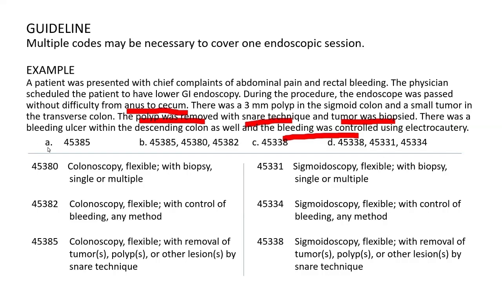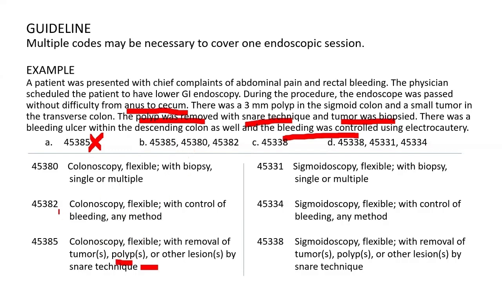If we take option A here, 45385 says colonoscopy flexible with removal of tumor polyps by snare technique. Option A is not reporting the other procedures here. So option A is incorrect. If we move on to option B, 45385 is definitely a colonoscopy with removal of polyp by snare technique.